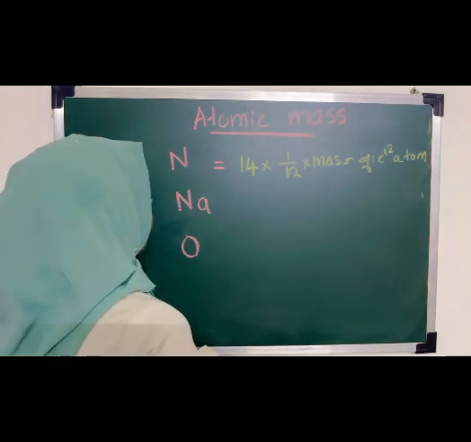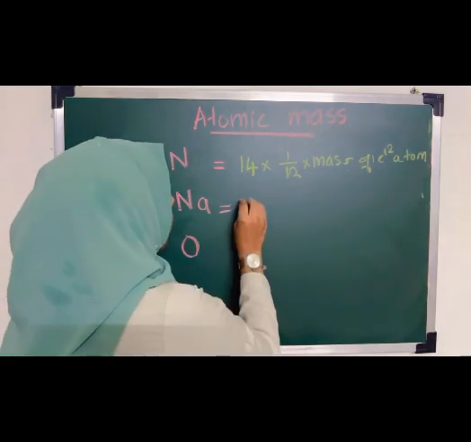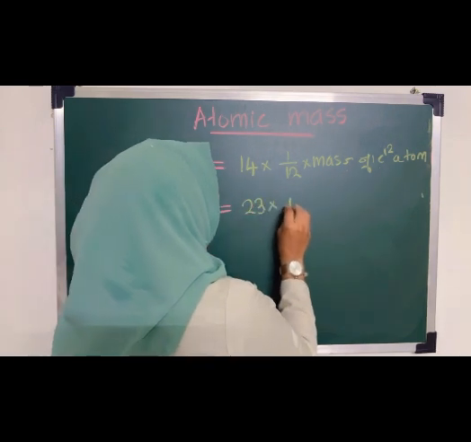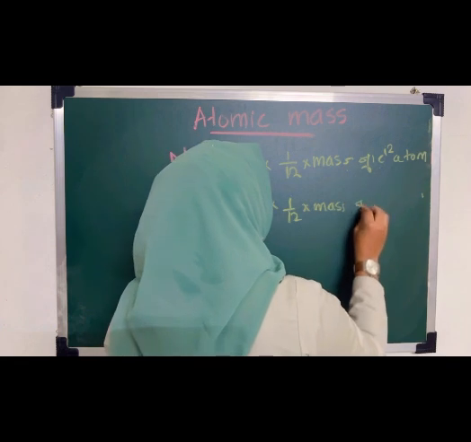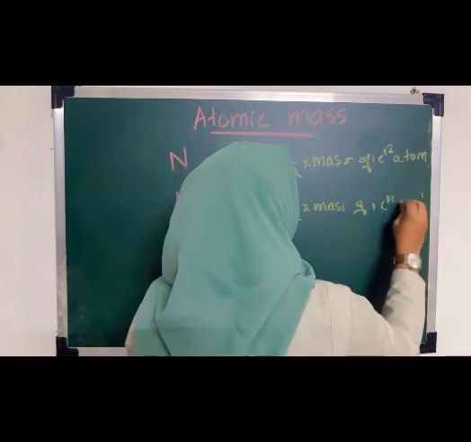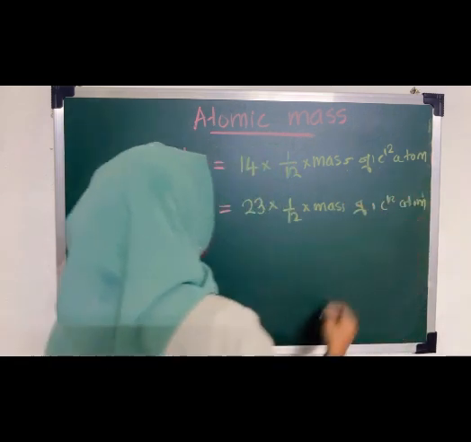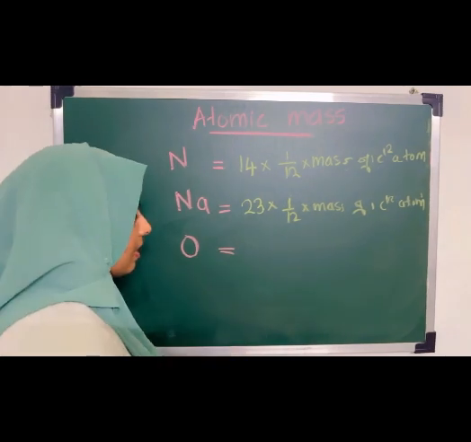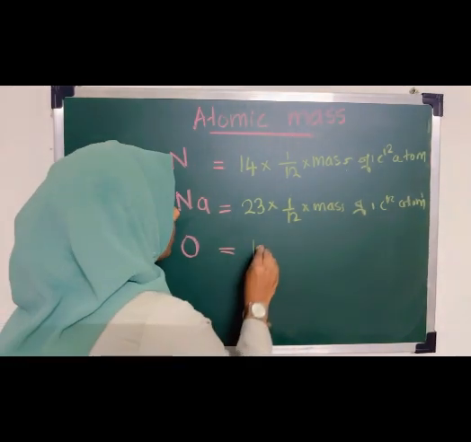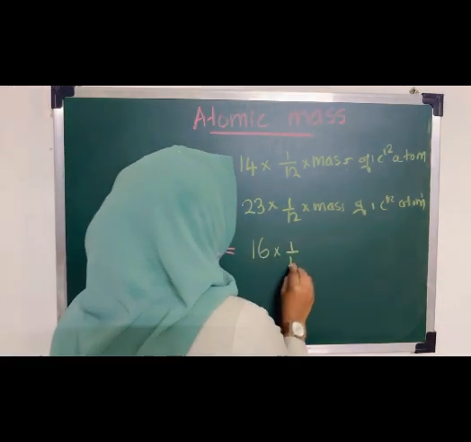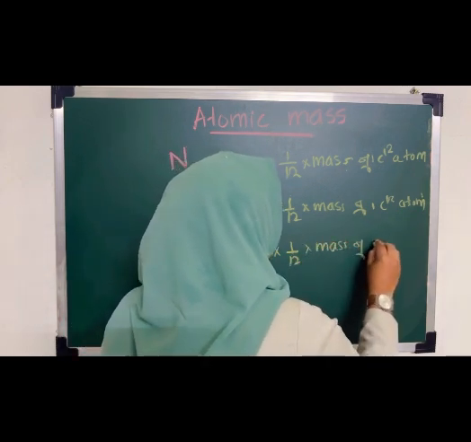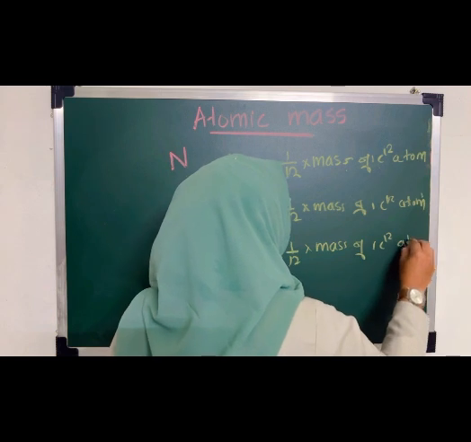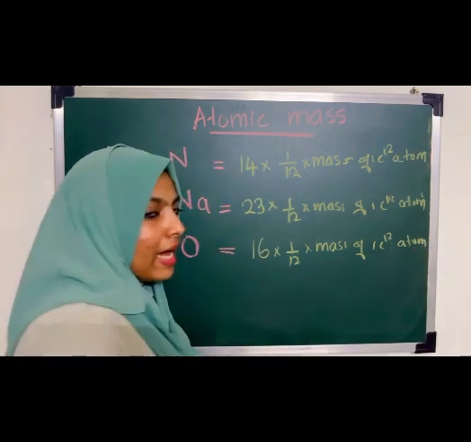Like that, I place 23 times 1/12 of the mass of one carbon 12 atom and the weight is balanced. Like that, if I place 16 times 1/12 of the mass of one carbon 12 atom, the oxygen atom is balanced.